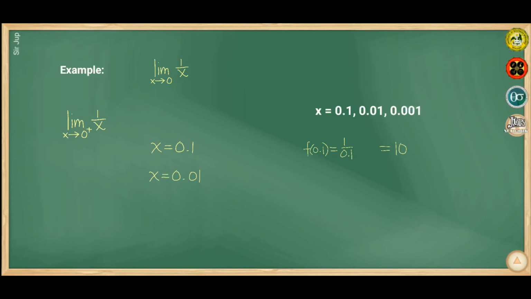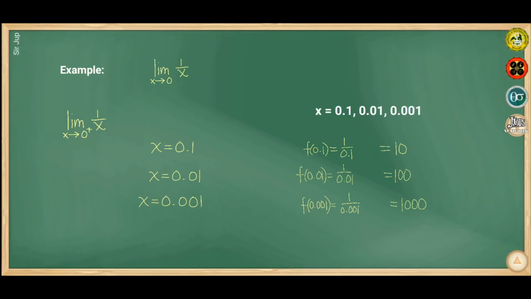If x equals 0.01, f of 0.01 equals 1 over 0.01 equals 100. If x equals 0.001, f of 0.001 equals 1 over 0.001, which is equal to 1,000.